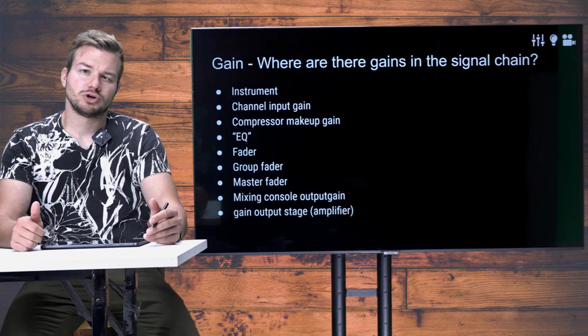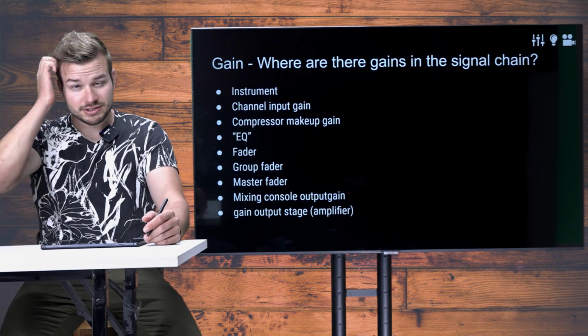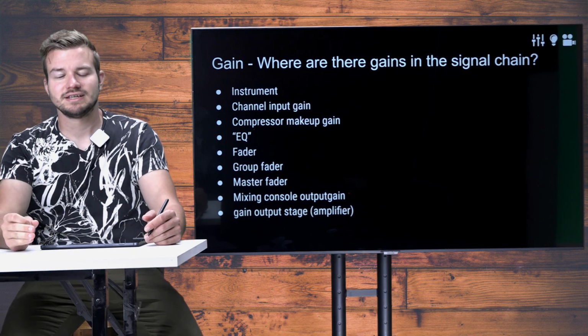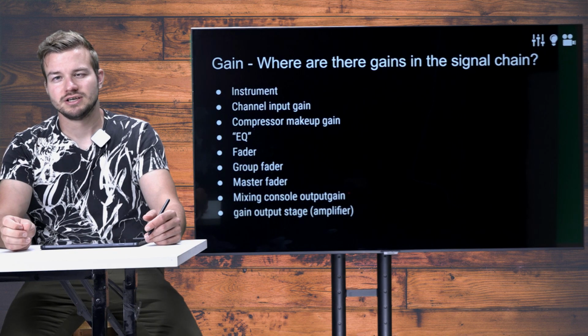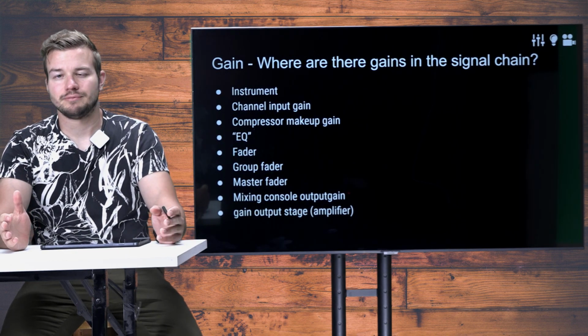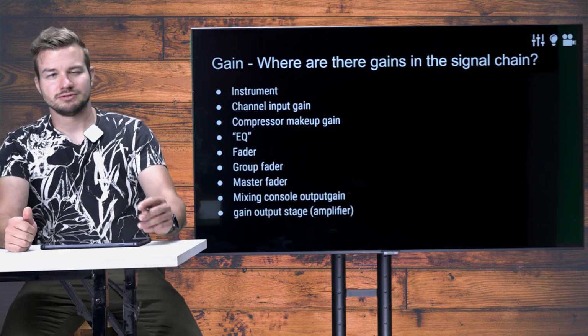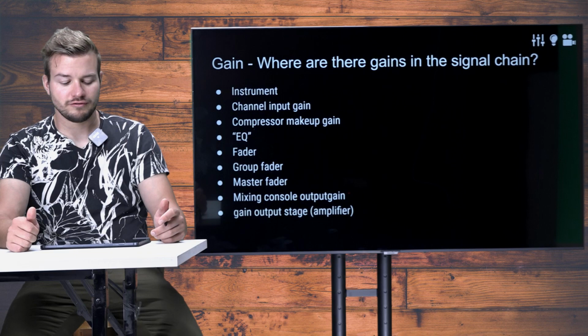If it is too low or too weak, it will be too low on the speakers, so we cannot get it as loud as we need it. And it will also be too low for certain tools like compressors to work properly, so they cannot properly work with the weak signal. So we have to get it into a range we can work with.